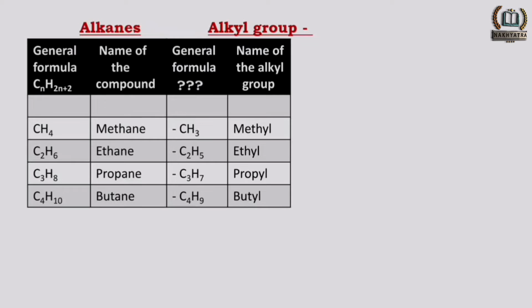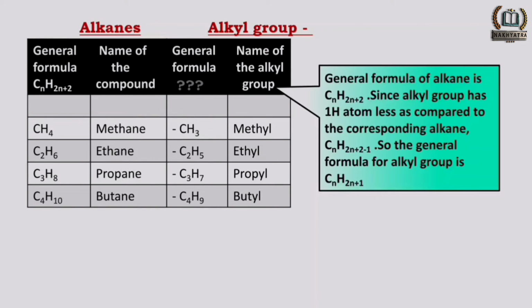Okay. Now, what will be the general formula for alkyl group? The general formula of alkane is CnH2n plus 2. We already know this, right? Now, since alkyl group has one hydrogen atom less as compared to the corresponding alkane, CnH2n plus 2 minus 1 is needed for the general formula of alkyl group.